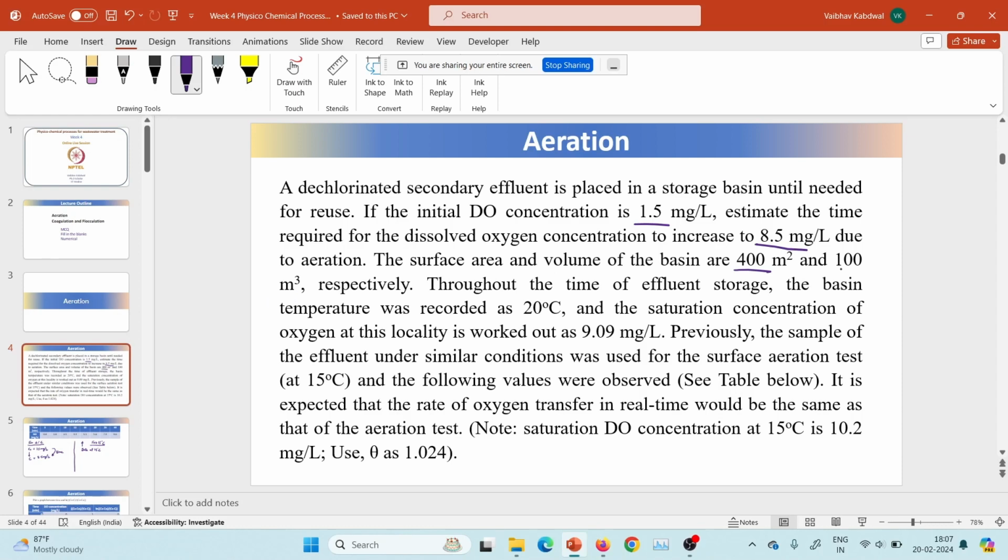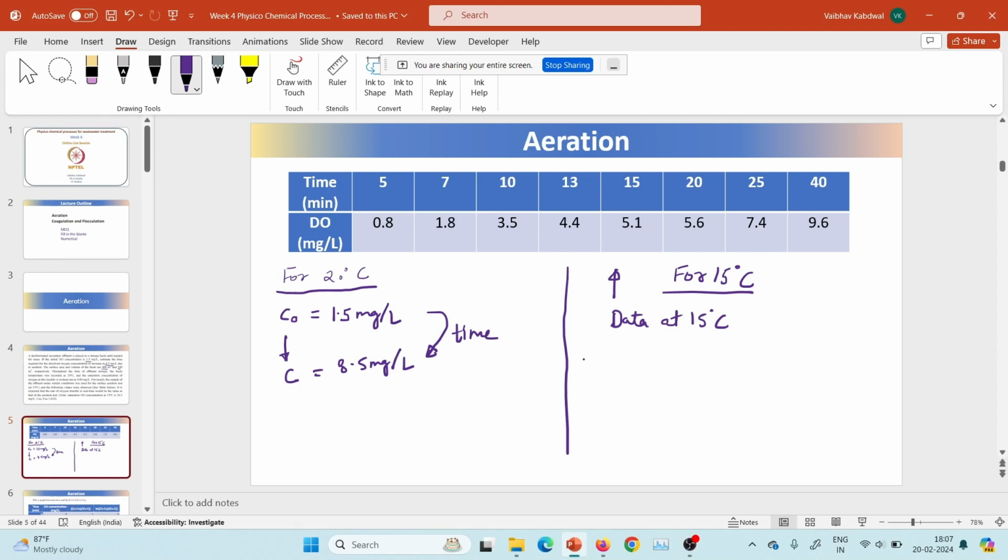The surface area and volume are also given. Surface area, I think it is 400 meters square, and volume is 100 meter cube.